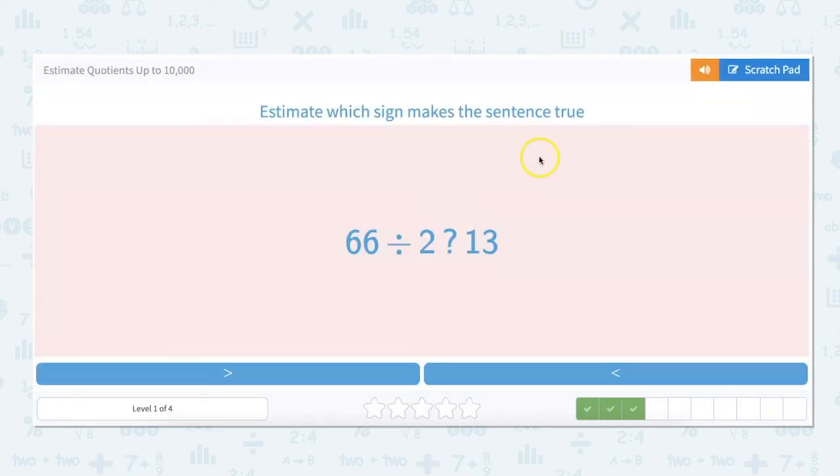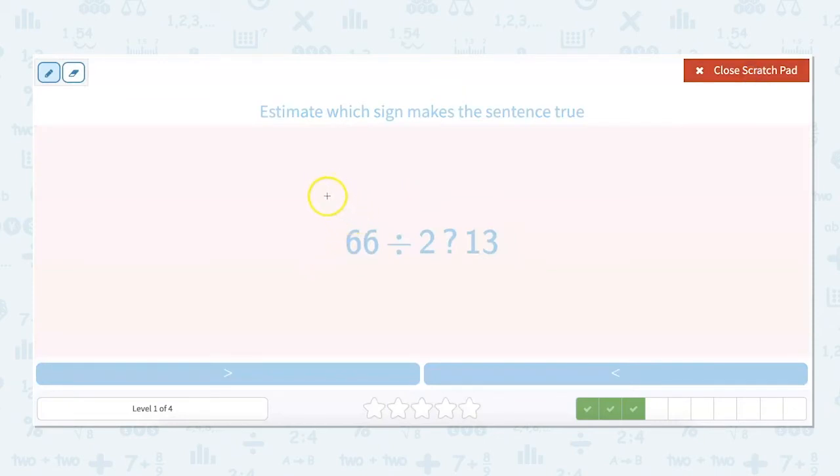All right, estimate which sign makes the sentence true, greater than or less than. So 66 divided by 2 is greater than or less than 13. So 66 rounds up to 70. And 70 divided by 2 equals 35, which is greater than 13.